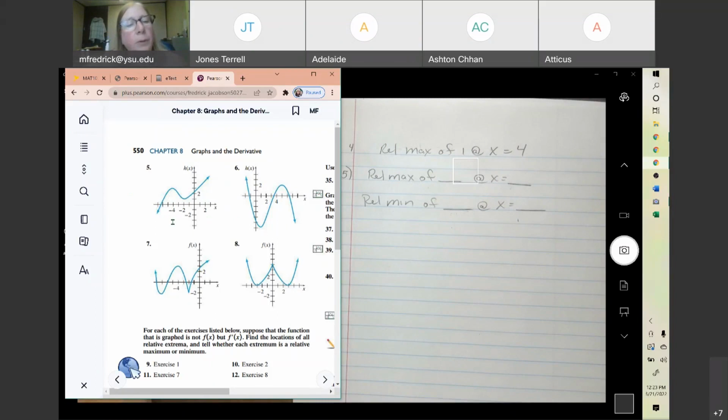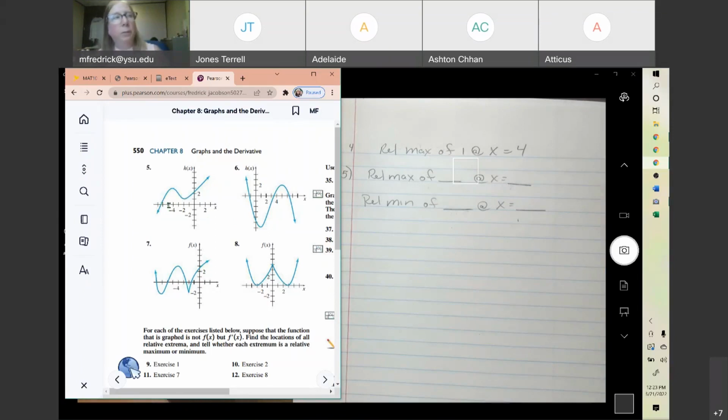So this first one, the most left, will it be a max or a min? Anyone? A max, yes. So it'll be a max because it's a high point.